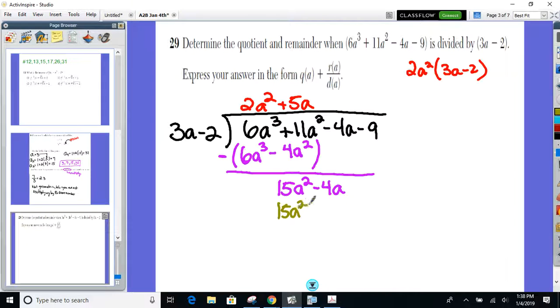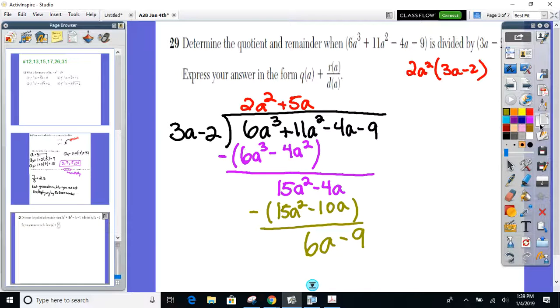That's what I wanted. What's the next term, though? 5a times negative 2. Minus 10a. But remember, switch the signs. The 15a squared, see you later. What am I left with here now? 6a, because that's positive 10a. Bring down your 9.